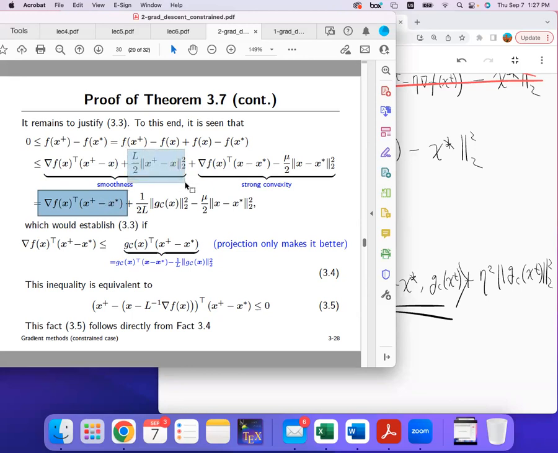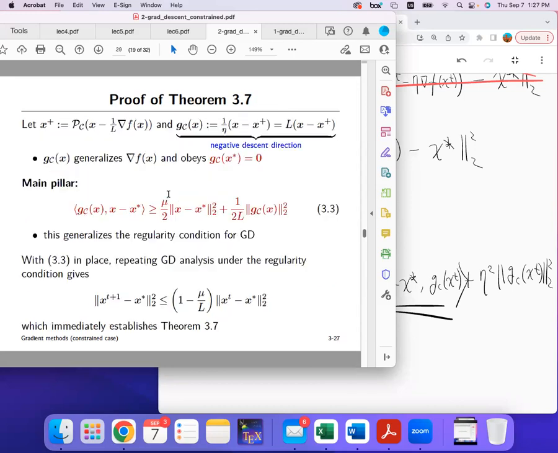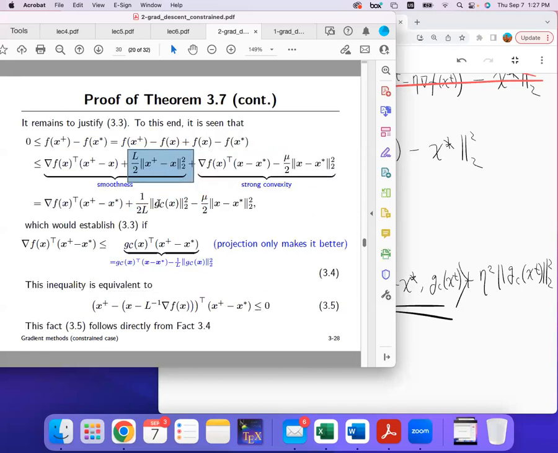By definition, x minus x plus is eta times GC, and eta is just 1 over L. So plug it in, and we get this term exactly. And the last term is preserved: minus mu over 2 times the distance squared.